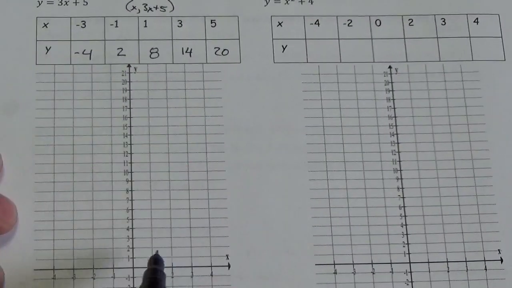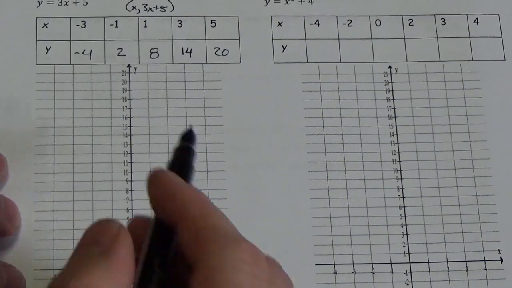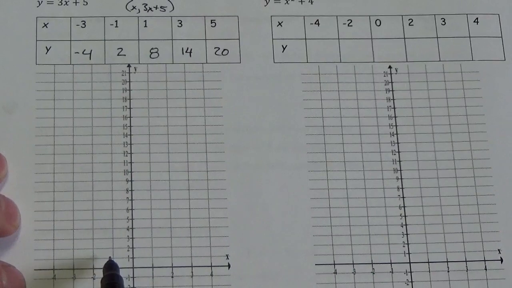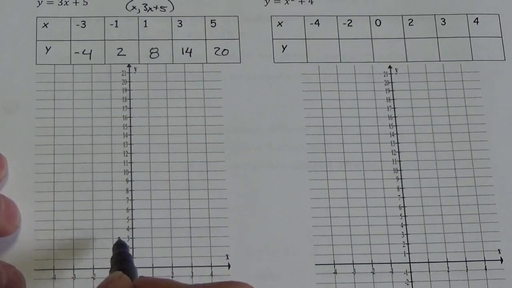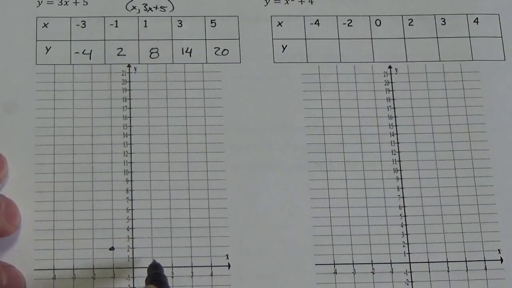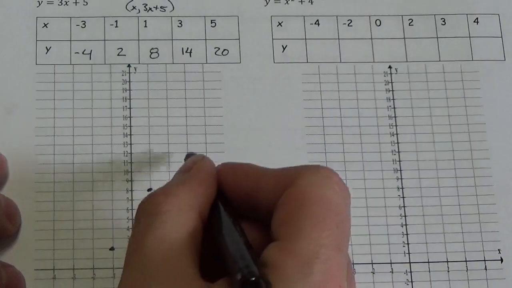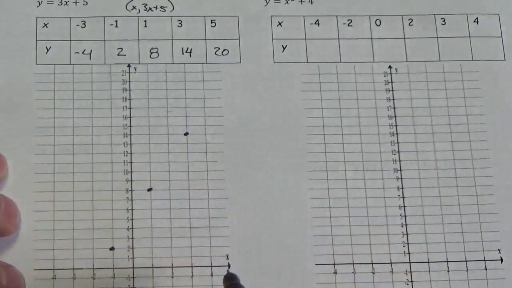So I know that when x is -3 and I go horizontally over here, I'm going to get -4 as my y coordinate. Now it turns out that's actually off the grid for me. It's probably going to be down here. But -1, 2 is going to be right here. 1, 8 is the point right there. 3, 14 is right there.